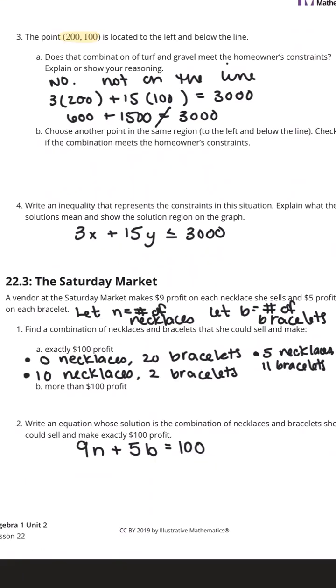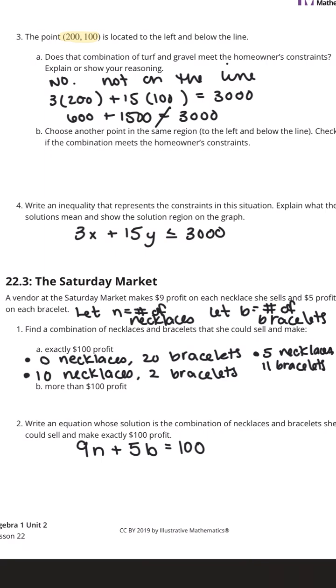Okay, hopefully you have checked your work. So we are here where we have n necklaces and b bracelets. To get exactly $100, here are a couple of possible combinations. She could sell 0 necklaces and 20 bracelets, 10 necklaces and 2 bracelets, 5 necklaces and 11 bracelets. Those all come out to exactly $100.